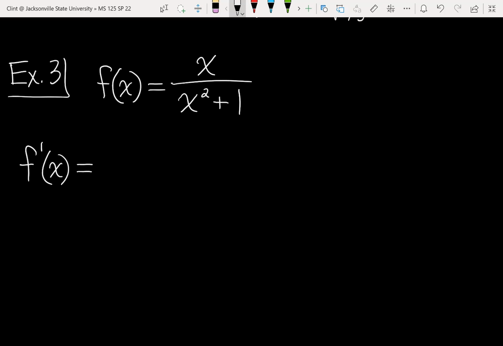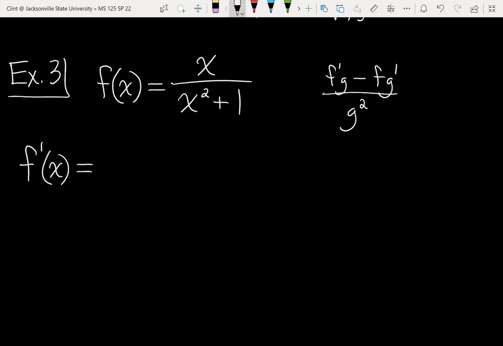Anybody remember how to do quotient rule? Minus, yeah. Yep, bottom squared. And it's minus. All right.